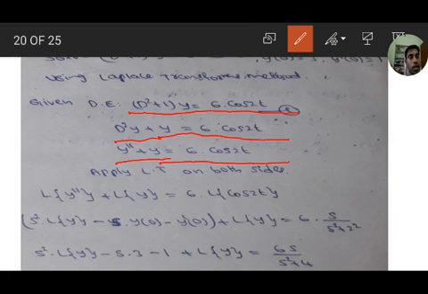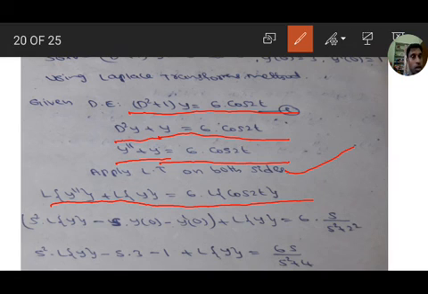So apply the Laplace transform on both sides. L of y double dash plus L of y equal to 6 into L of cos 2t. So apply the Laplace transform for the second order derivative here. No first order derivative, only second order.